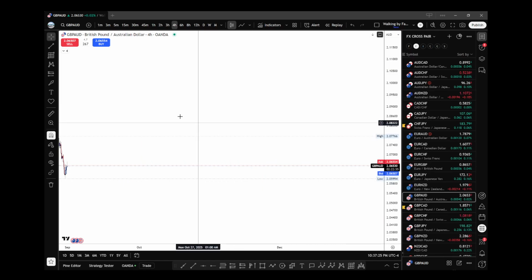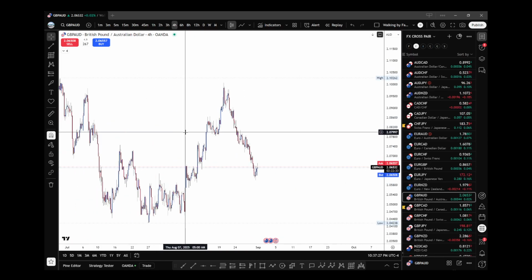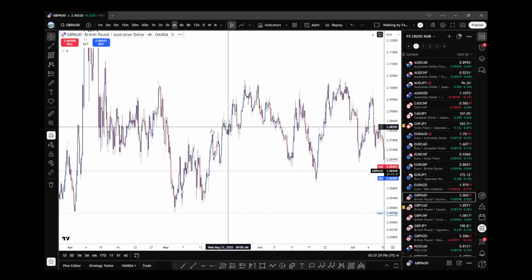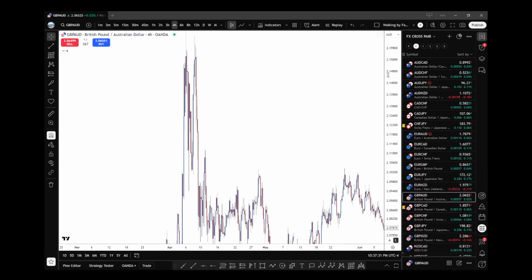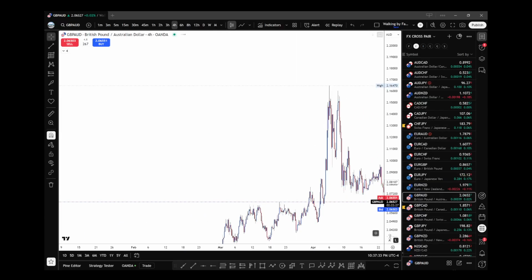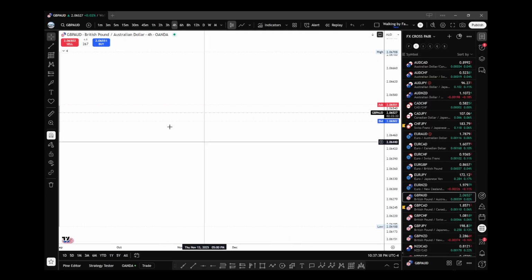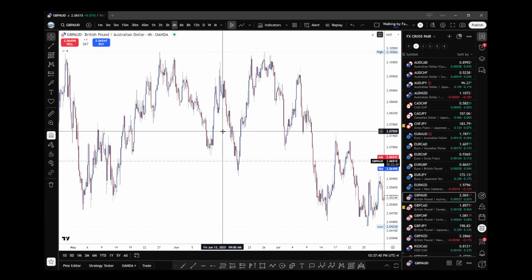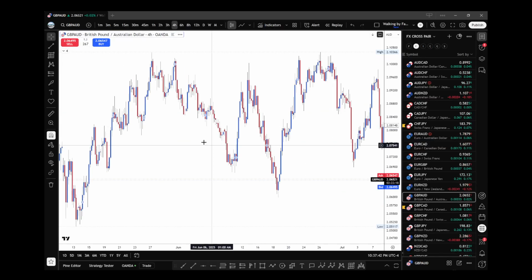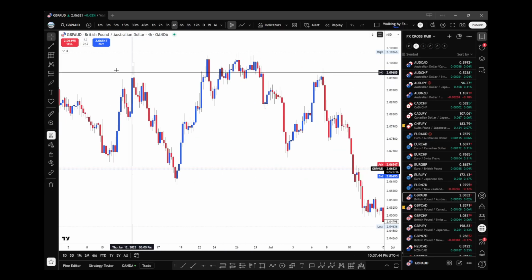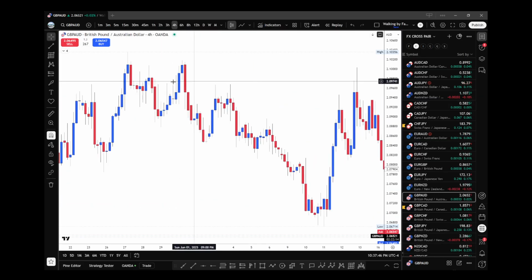So let's go to the market and get a better idea how it is, right? Remember how I said the market comes up, my blue candle, and then a red candle dropping, and then the other one, right?